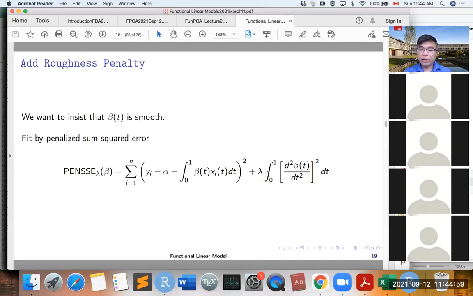So here you can see that the roughness penalty for beta t is defined as the second derivative of beta t, taking the square and taking the integral. So lambda is the smoothing parameter. It's kind of control the smoothness for beta t.